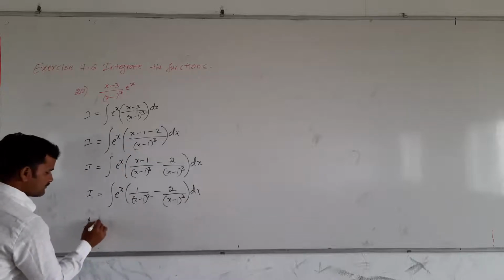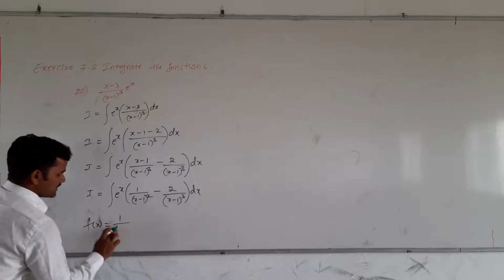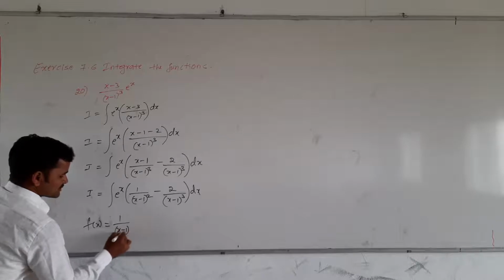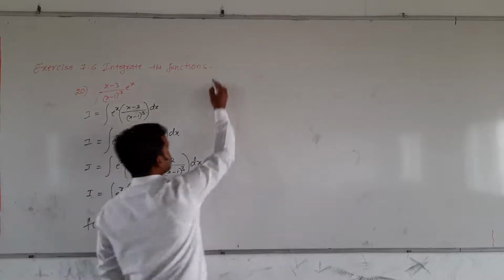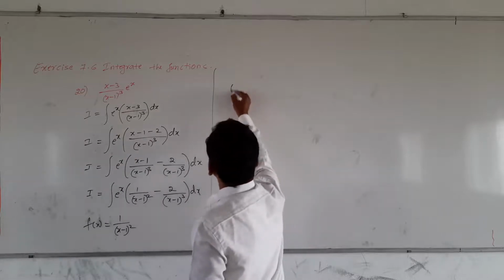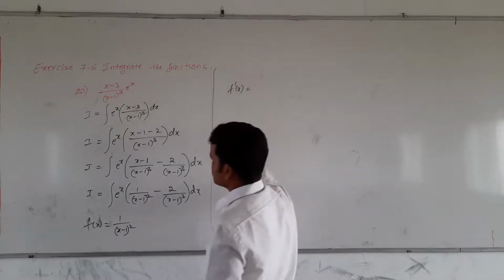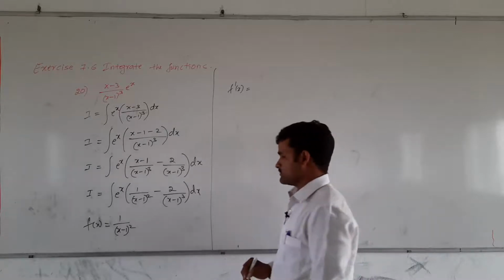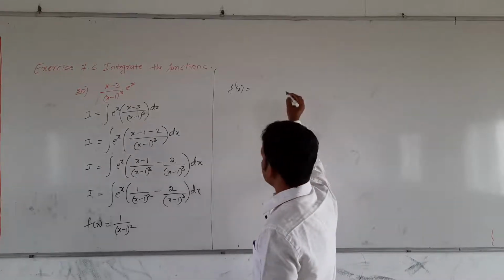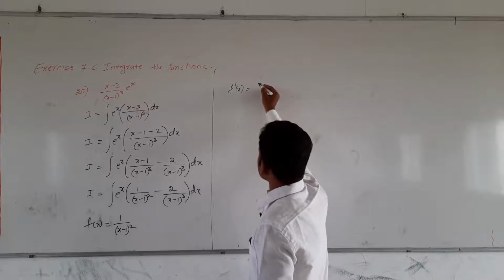If you take f of x is equal to 1 by x minus 1 whole square, we will check whether its differentiation is the second term or not. F dash of x is equal to, how will you differentiate? We will differentiate by the u by v rule, we used to call it the quotient rule also.